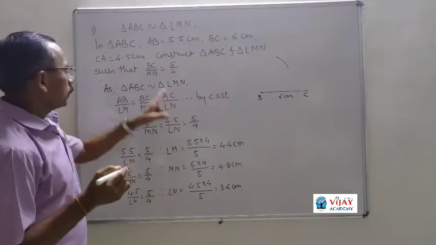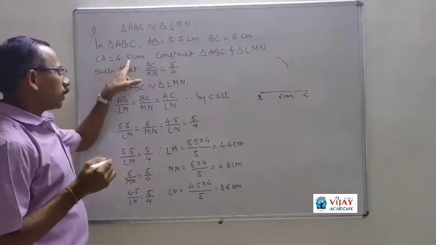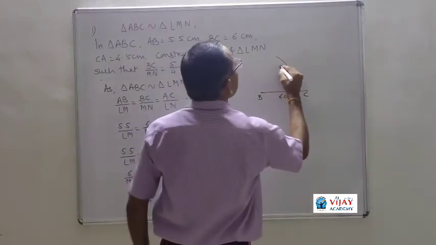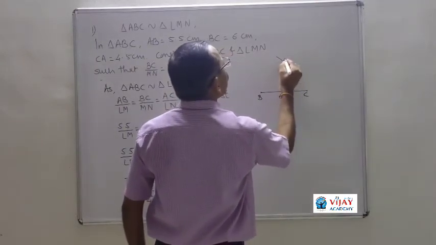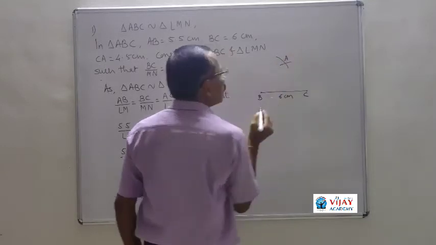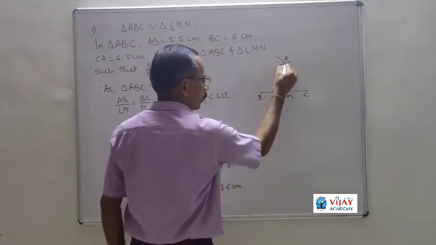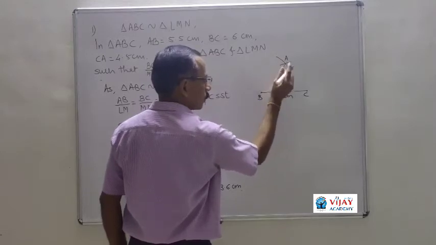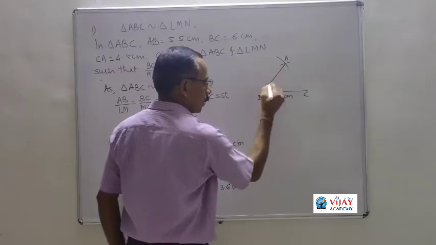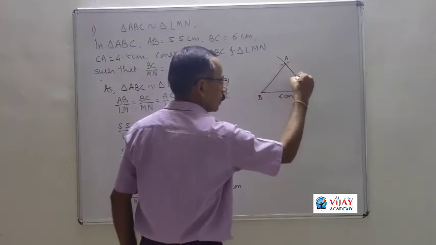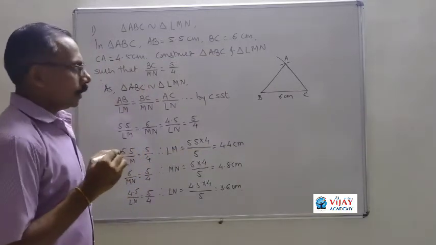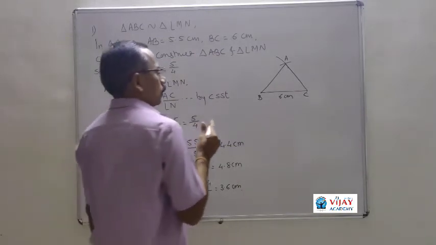Then taking CA, 4.5 centimeter, in a compass, draw another arc, and the point of intersection is A. Join AB and AC, and we get the first triangle ABC.